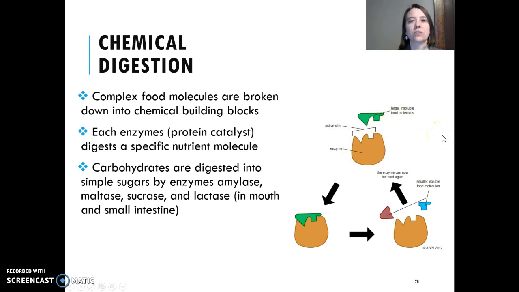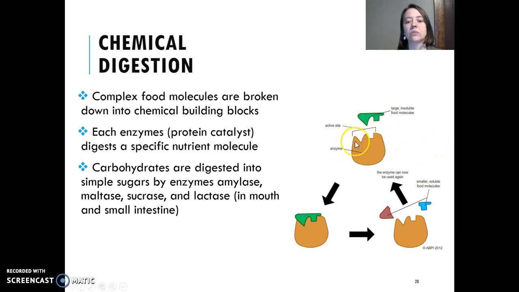So one of the biological molecules, carbohydrates, are digested into simple sugars like glucose, and that is done so by the enzymes amylase, maltase, sucrase, and lactase. This happens in the mouth and in the small intestine. And we do have a lab with the enzyme amylase and starch amylose.